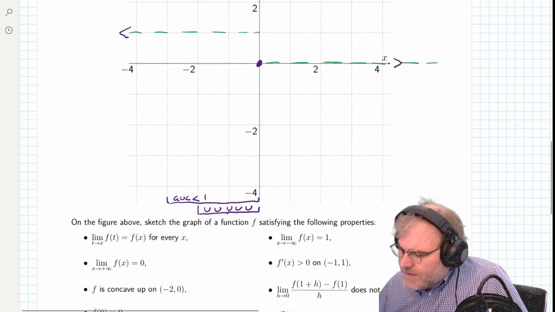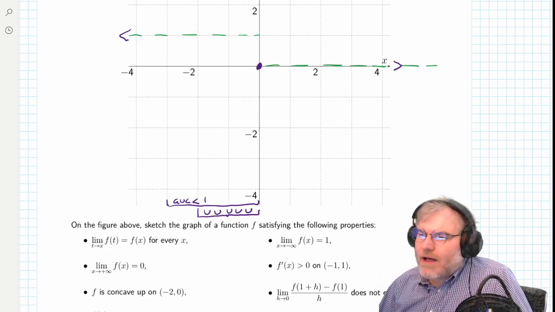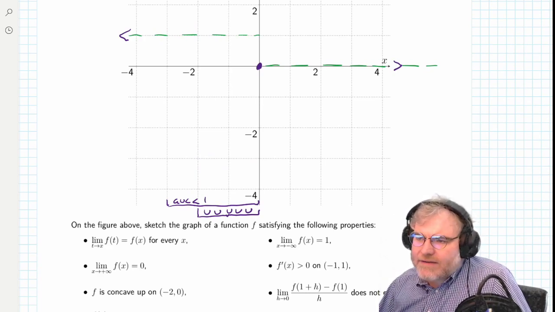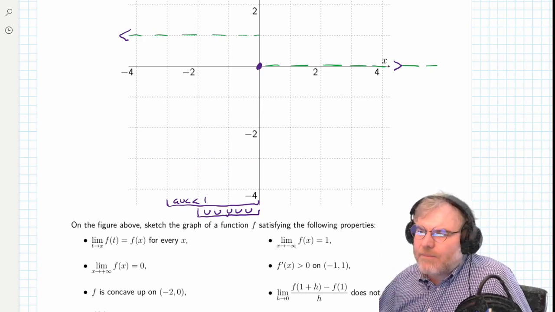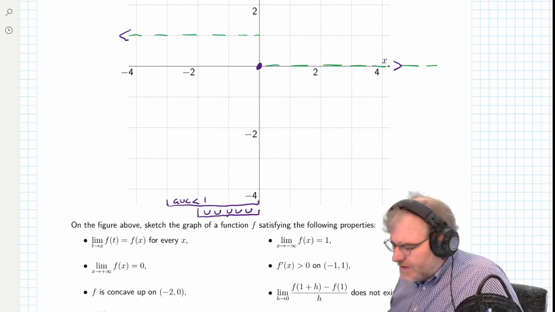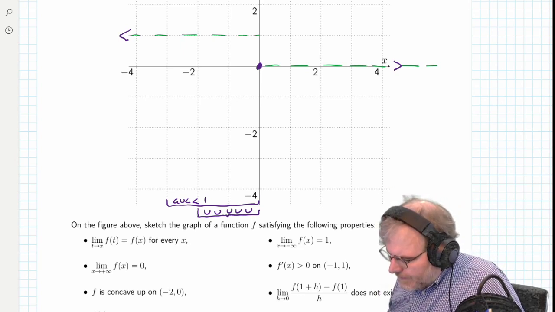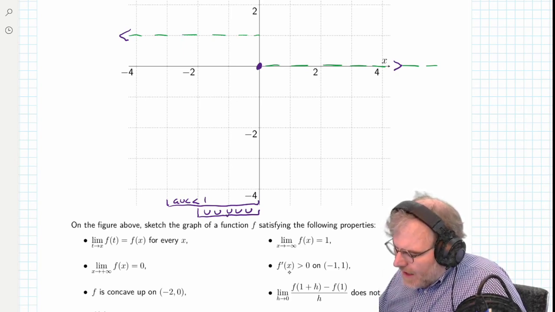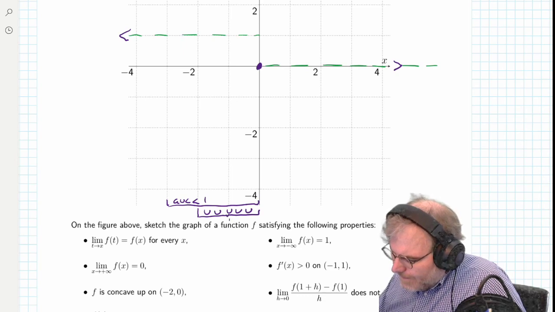F prime of x is greater than 0. Not quite. So I still don't have an answer that... Oh, yes. So someone has given me the answer. Excellent. I'll come back to that in a minute. F prime of x is greater than 0 on negative 1 to 1.